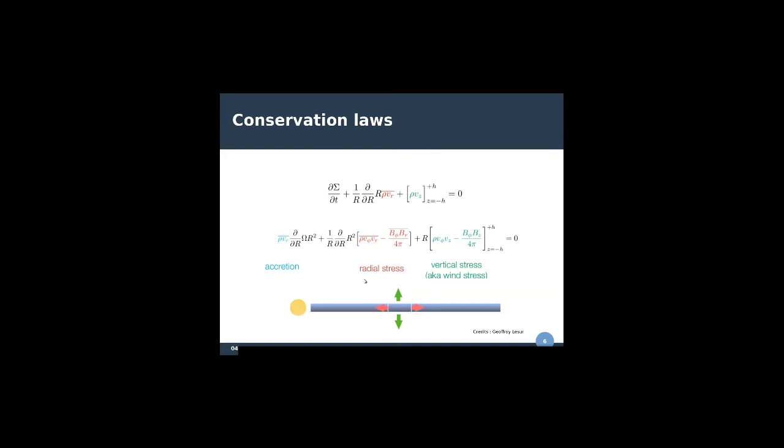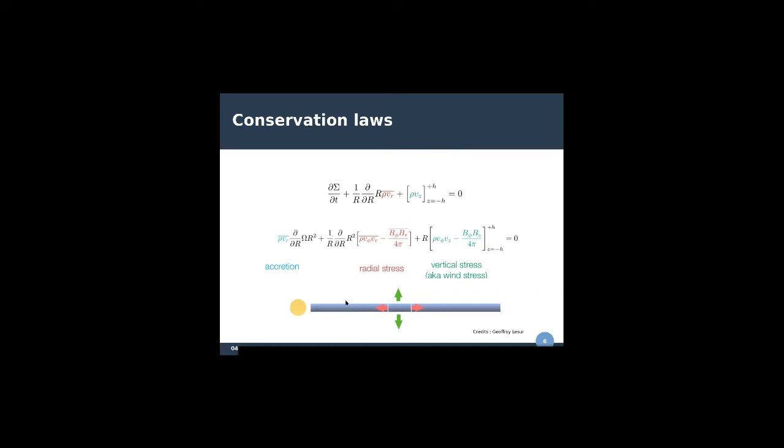What is the path to a turbulent state to have such turbulent stresses? There are several ideas that are discussed to find a path and to fight against this stability criterion and the stabilizing effect of Keplerian rotation.